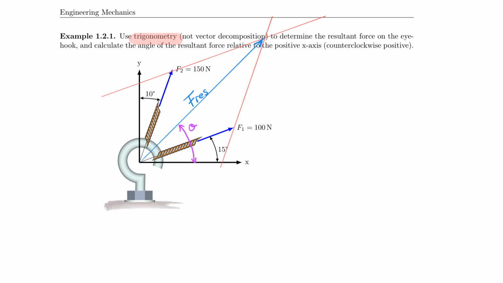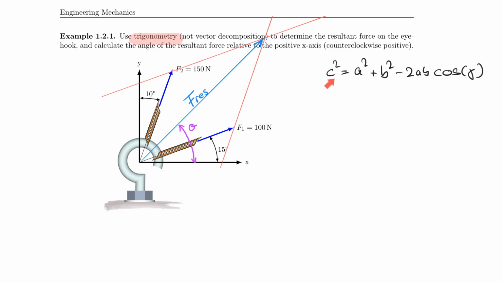All right, but how do we do this now with our trigonometric laws? Remember the cosine law, we just wrote it down. I do it once again: c squared is equal to a squared plus b squared minus 2ab cosine gamma. So how do I apply this here?